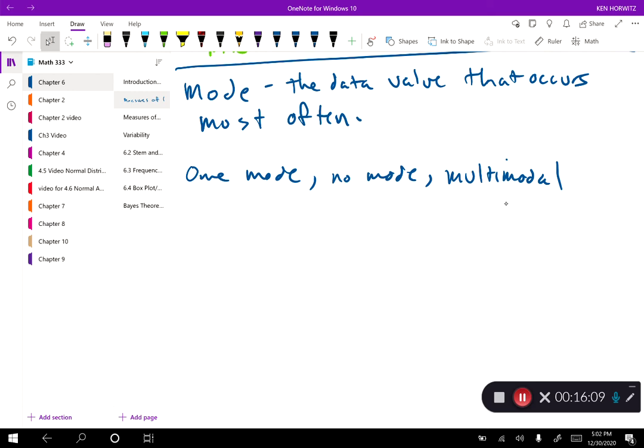So we're going to find the mode of signing bonuses of NFL players. These bonuses are going to be in the millions of dollars. So I'm going to write down our data.